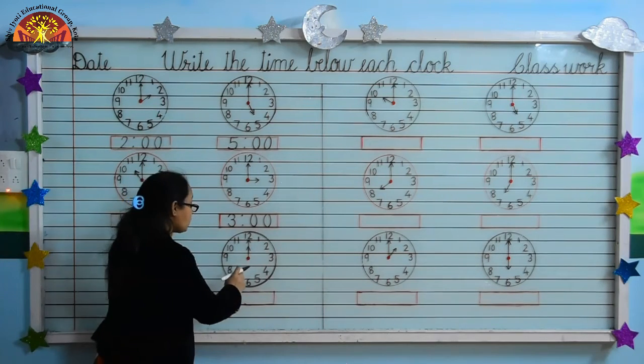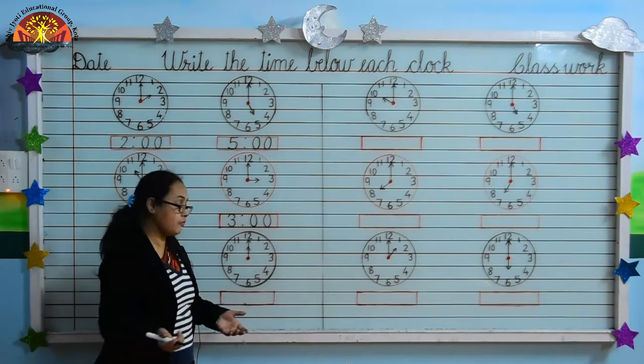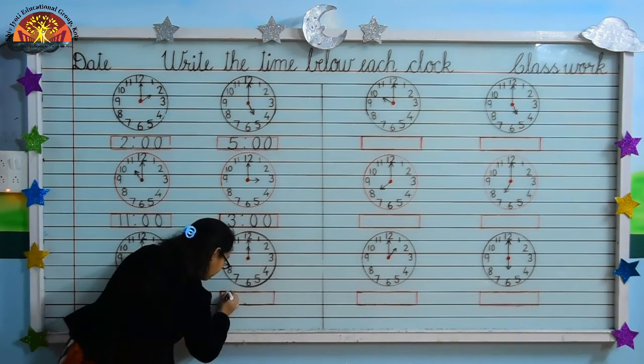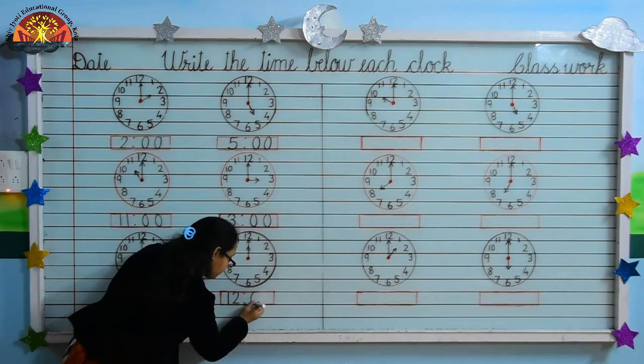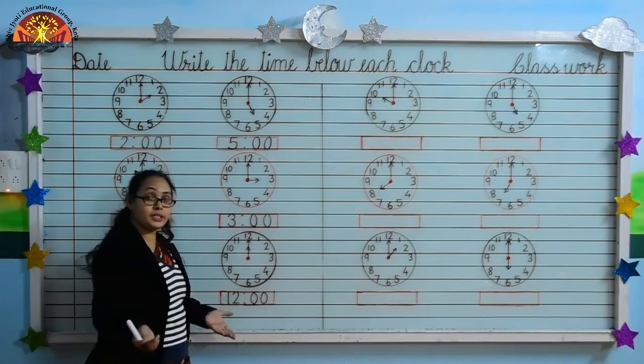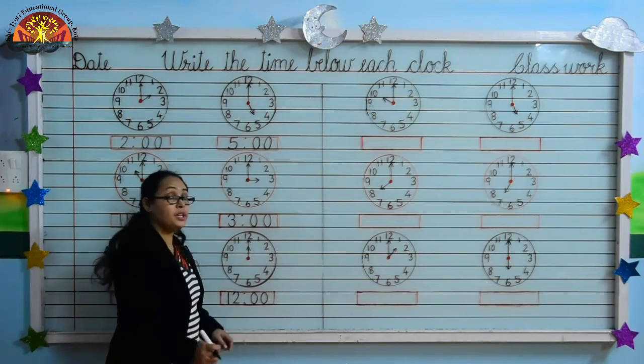Yes, the clock is showing 12 o'clock. Now we will write 12 colon 0 0. Yes, kids, we read it as 12 o'clock.